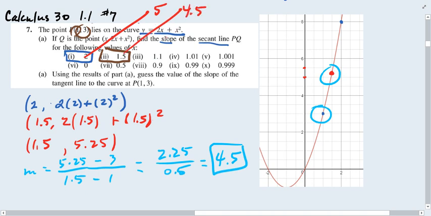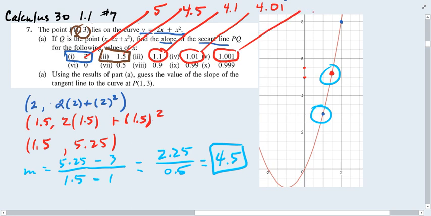So what we do then is we take a look at what the slopes are when x is 1.1, 1.01, and 1.001. The slope when x is 1.1 should be 4.1. The next one is going to be 4.01.